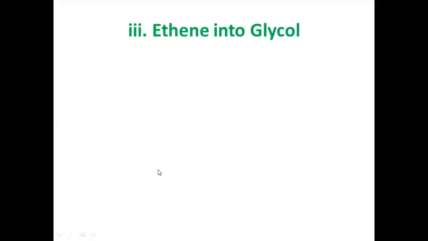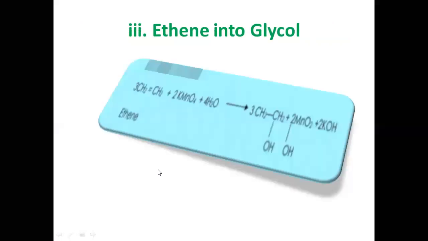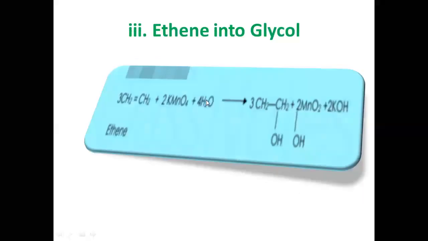The third reaction is the conversion of ethene into glycol. This reaction is called Bayer's test, which we can use for the identification of unsaturation in a hydrocarbon, and this is also called oxidation of ethene to give a product called ethylene glycol.